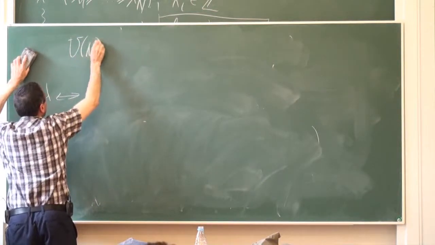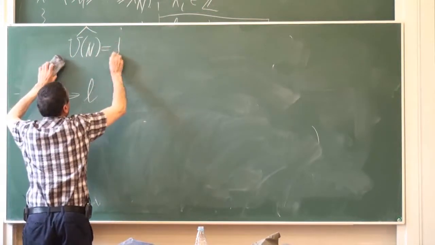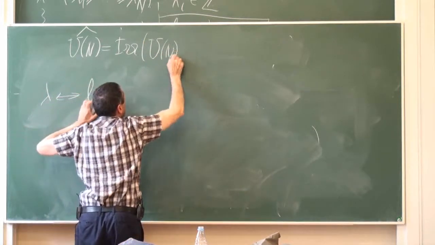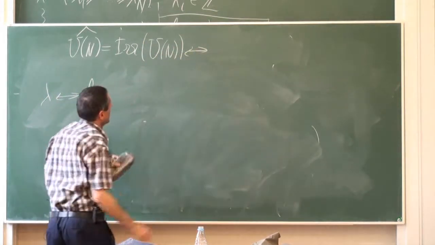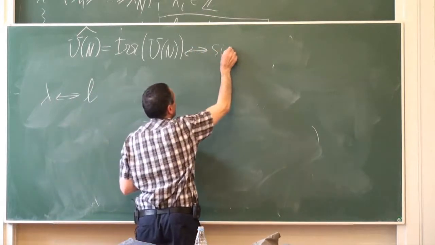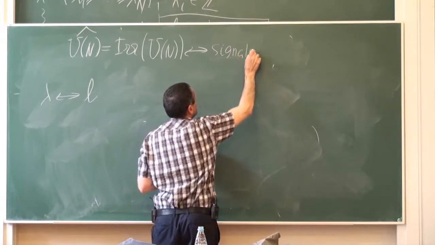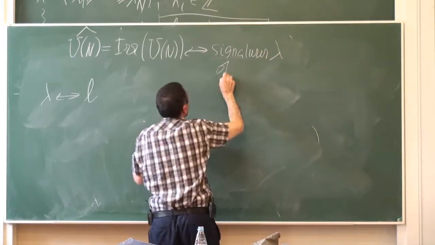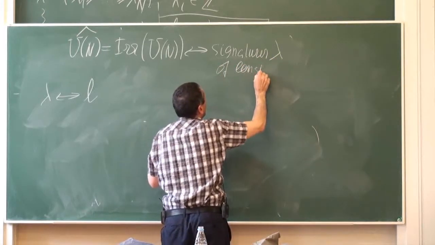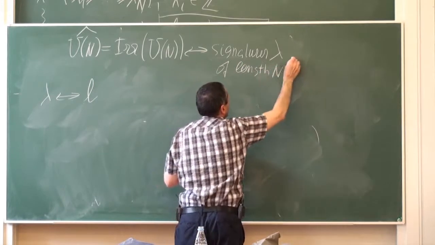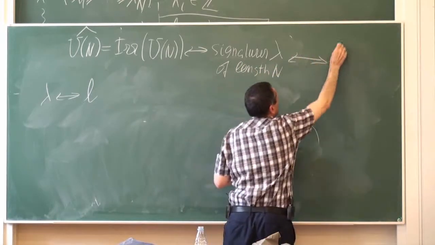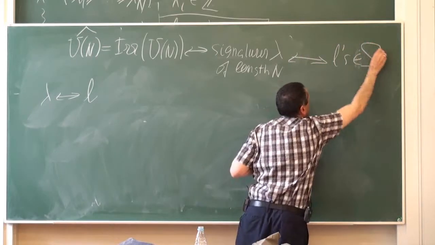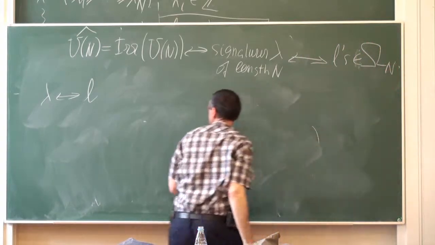U of n hat are irreducible representations of this group, which are the same as signatures lambda of length n, and which is the same as L's, which are in this set.